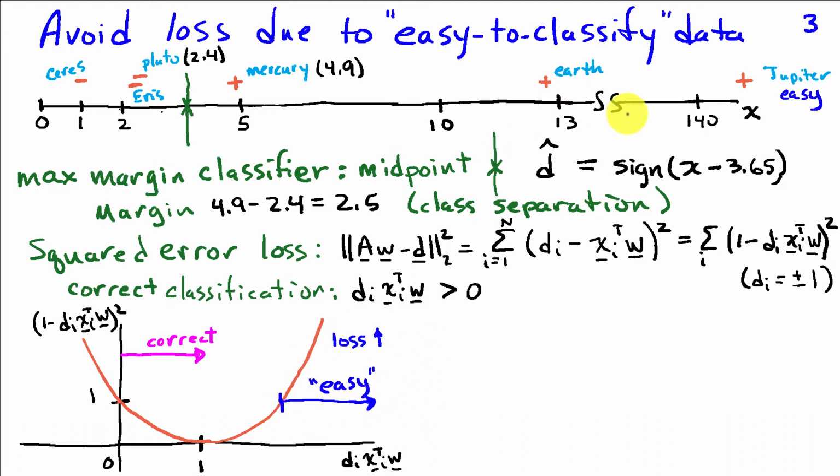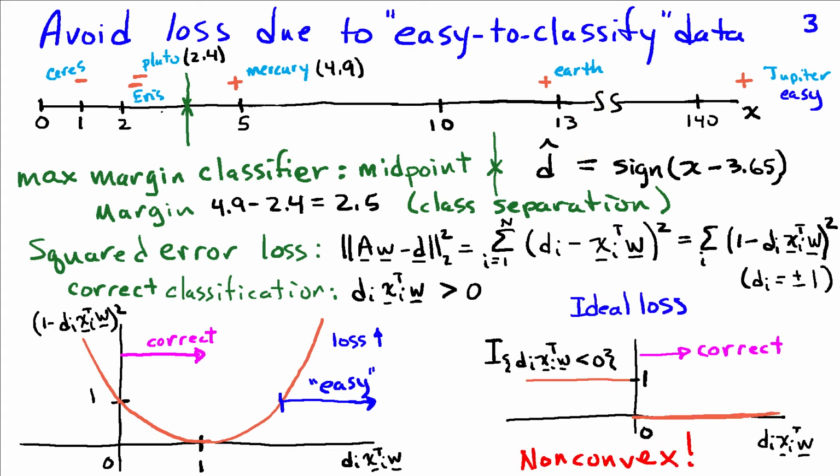And that's precisely why Jupiter out here with a very large value pulls our decision boundary far to the right and therefore leads to a significant number of misclassifications in this example. So ideally, what we'd like to do is count the number of misclassifications and try to optimize that. In other words, minimize the number of misclassifications. Well, we could do that with a loss function that's given by the indicator function applied to di xi transpose W being less than 0.